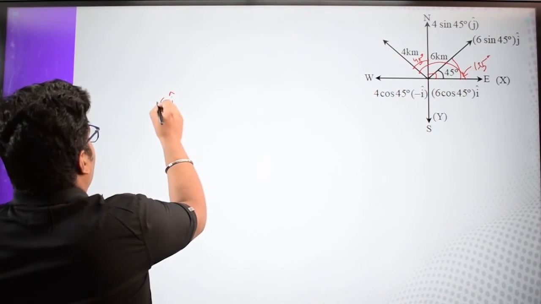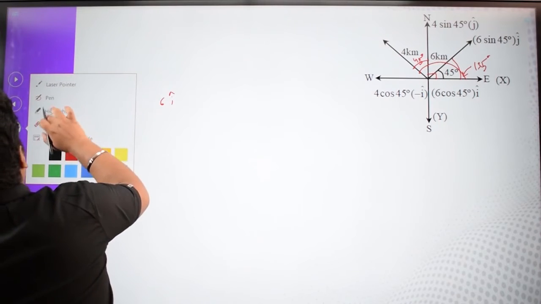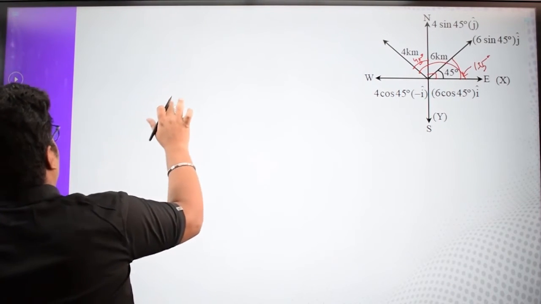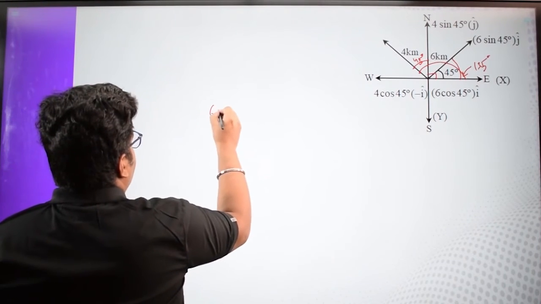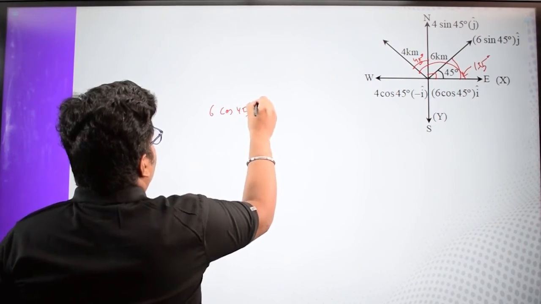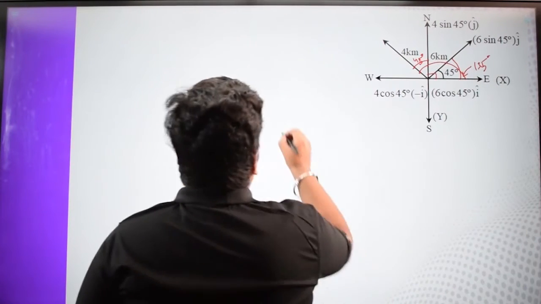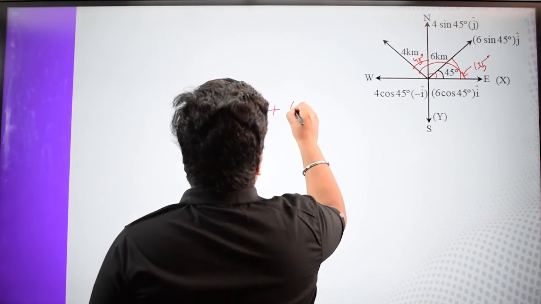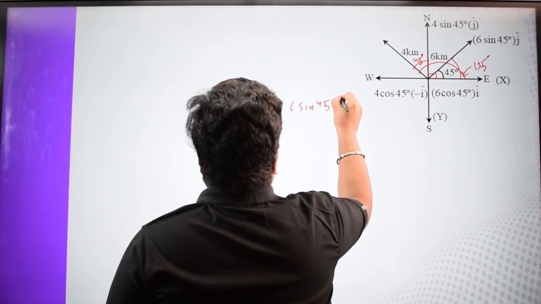See, we know that whenever we have an angle that is basically your theta with the x-axis, so as per the concept of resolution, we'll have 6 cos 45 i cap. This will be along x-axis, और y-axis के along कितना हो जाएगा? So y-axis के along it will be 6 sin 45 j cap, right?